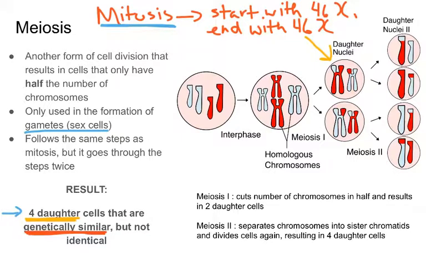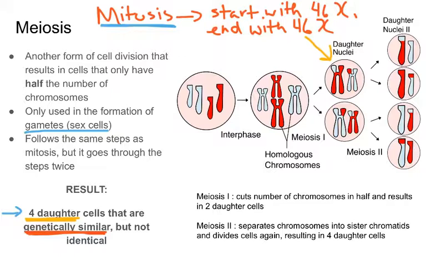This is why your biological parents could have as many children as they wanted, and unless they have identical twins, no two offspring are going to be genetically the same. Some of you may look like your siblings, you may act like your siblings, but you are not identical to your siblings. You're very similar.